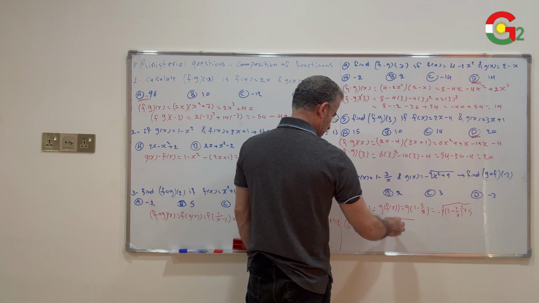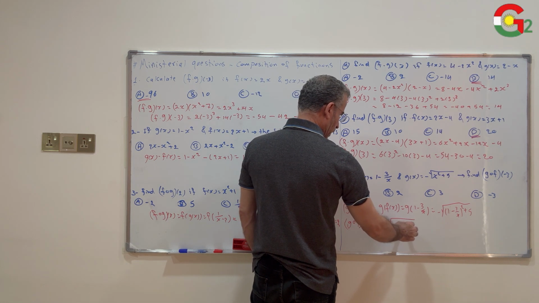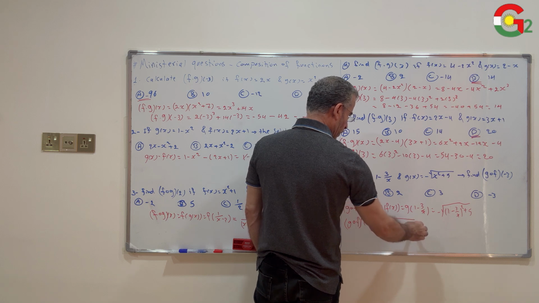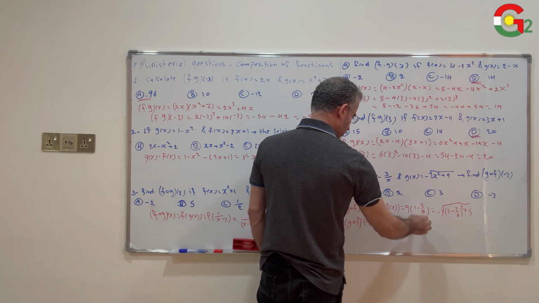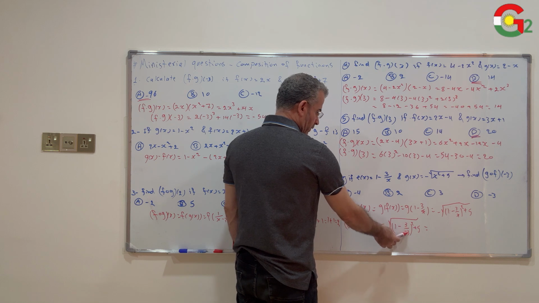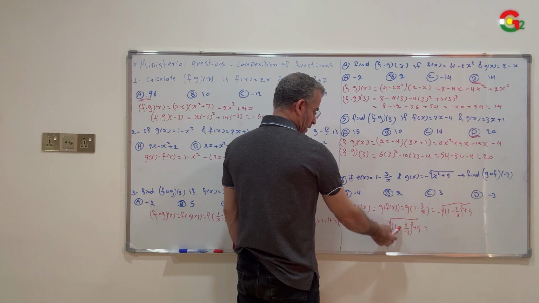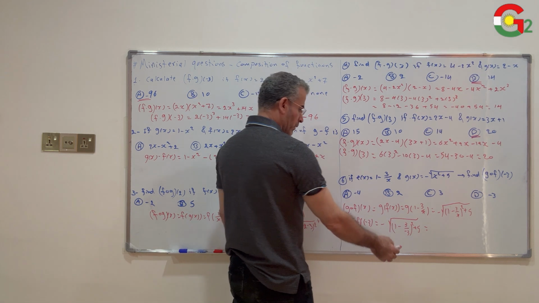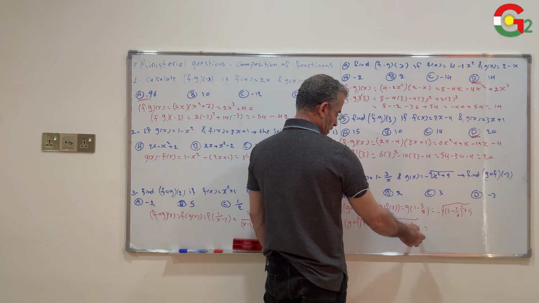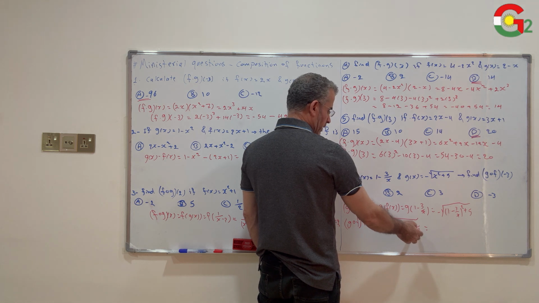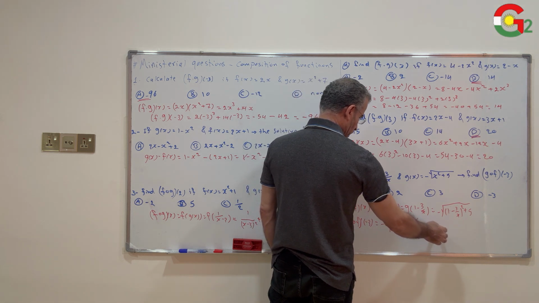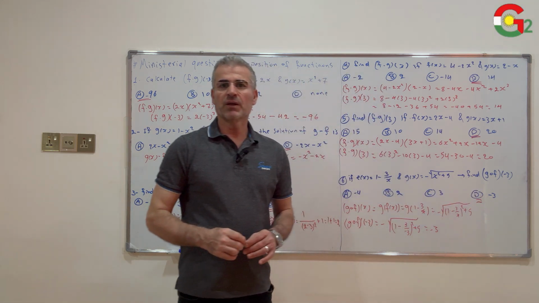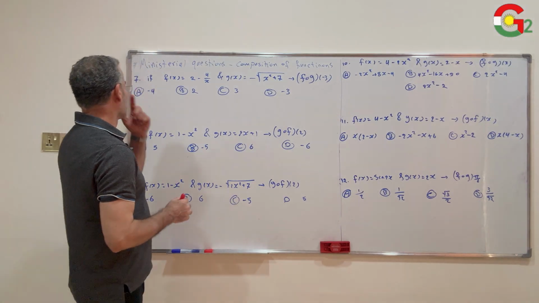The result is negative square root of 1 minus 3 over negative 3 squared plus 5. 3 over negative 3 is negative 1, so 1 plus 1 is 2, 2 power 2 is 4, 4 plus 5 is 9, square root of 9 is 3, times negative, gives negative 3. Choice number D.